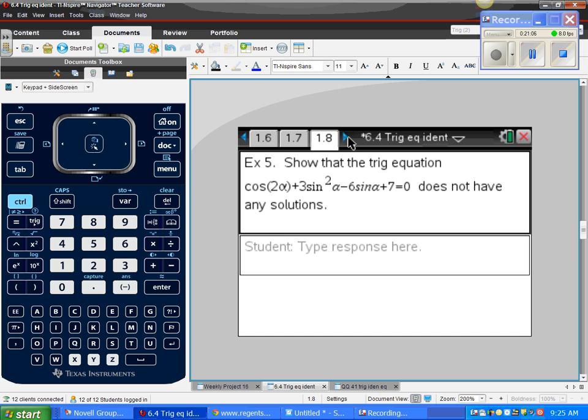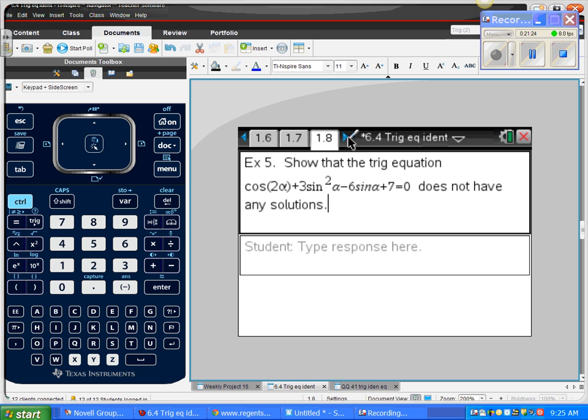So we're going to show that this one has no solutions. Okay, so we're going to start by looking at what we have and what we want to possibly get rid of. What up there is concerning you? What up there can be replaced? Say it again.